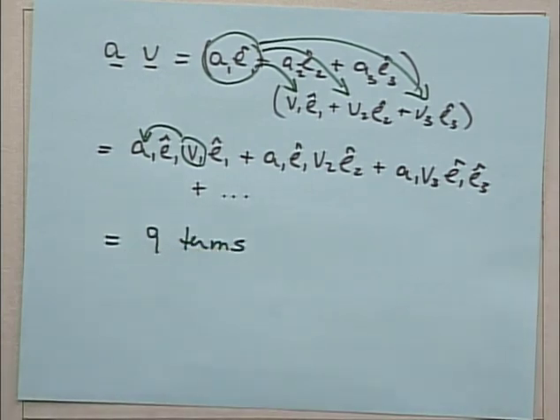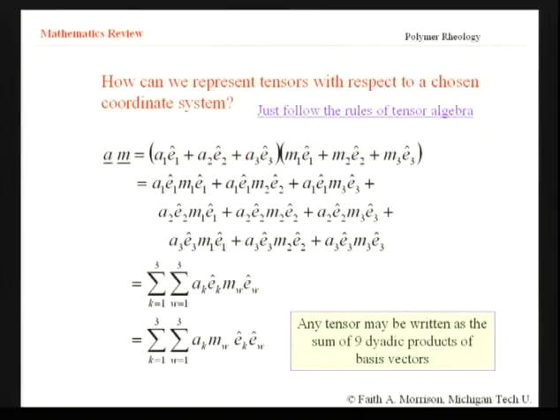And now I'll switch back to these slides. 9 terms where each combination is represented: 11, 12, 13, 21, 22, 23, 31, 32, 33. I'm not going to combine 12 and 21 because, no, they don't cancel.